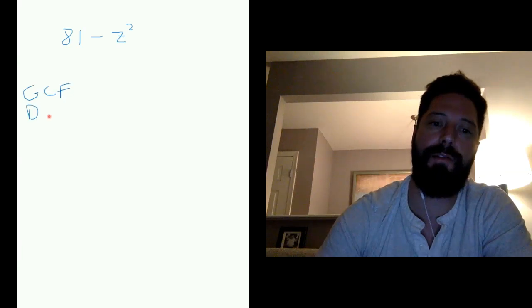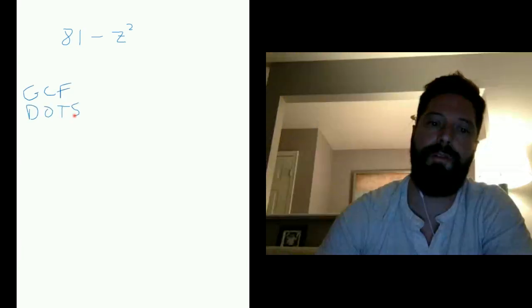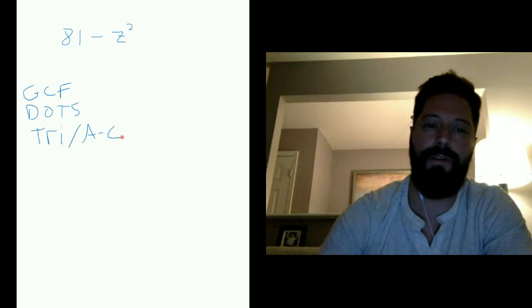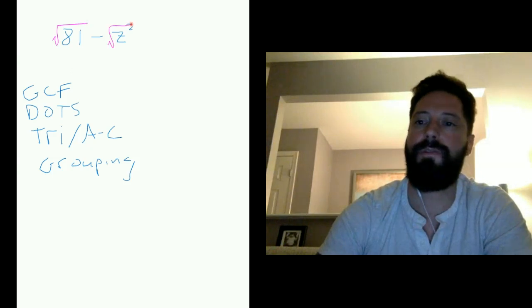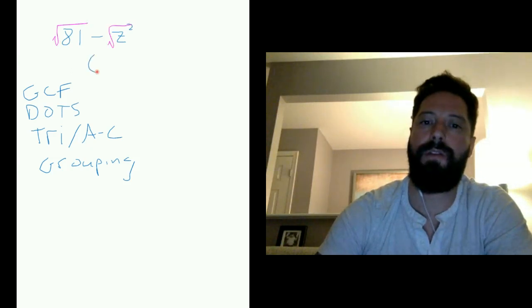Trinomial AC, or grouping. Correct, it is dots. These are two perfect squares, and this is the difference. So we square root this, write the two bubbles, and we get 9 plus z, 9 minus z.